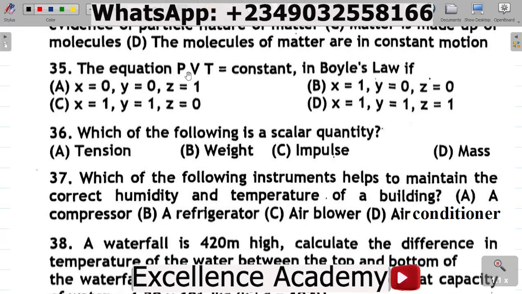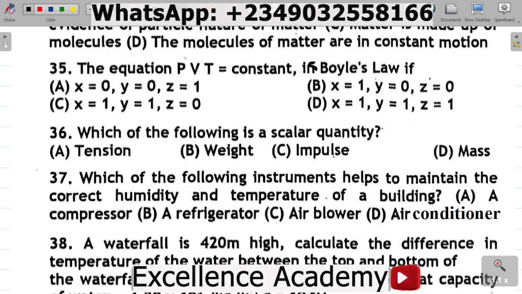35. The equation PVT equal to constant is Boyle's law, not Boyle's law, right? For Boyle's law we know that PV is equal to K. That's Boyle's law. But here they give us PVT is equal to constant. So if I'm given PVT equal to constant, how do I make this Boyle's law?